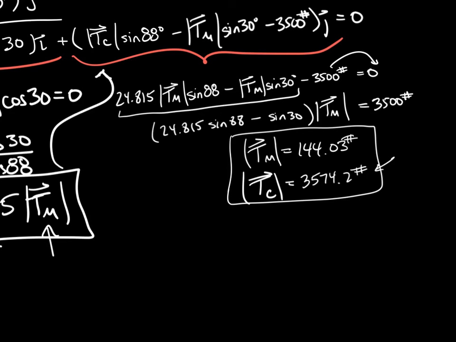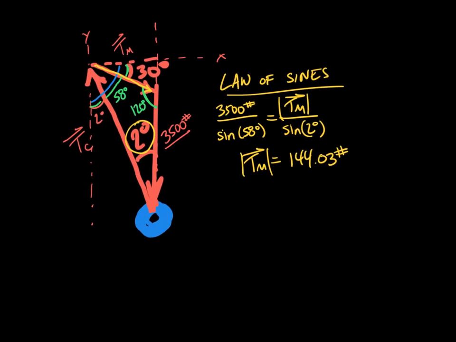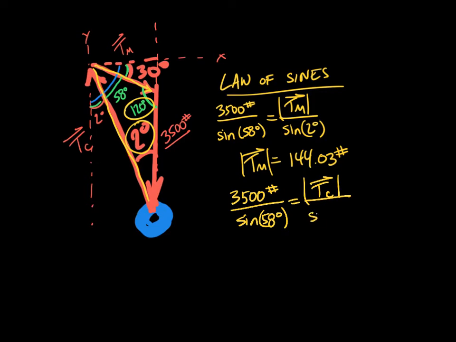Okay, don't get ahead of ourselves. All right, and then we would do this again. I would use the same numbers, 3,500 pounds over the sine of 58 degrees, equals, now we'll do Tc, the tension in the cable, so that's this line right here. So the angle across from it is 120, over the sine of 120.